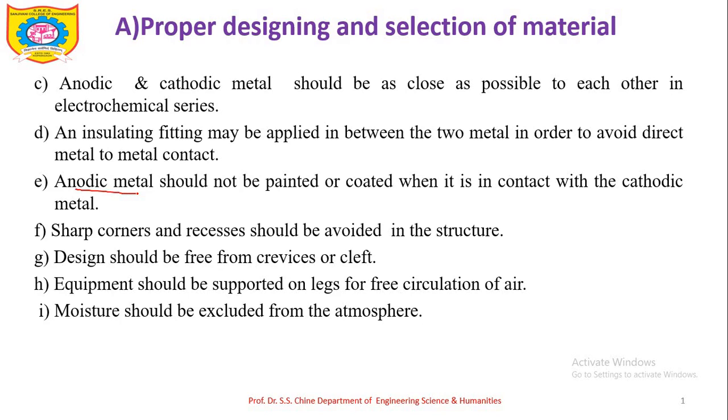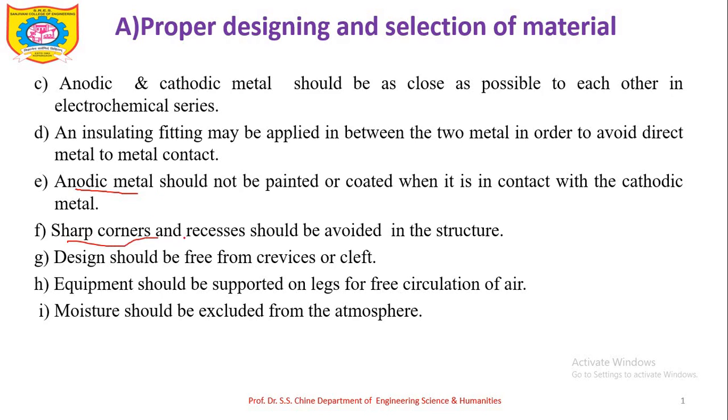Only at a small area it will be removed. That smaller area will act as an anode, because it is uncoated and exposed to the atmosphere. So iron will act as anode, copper will act as a cathode, and that will increase the corrosion. So the anodic metal should not be painted or coated. If that coating or paint gets removed, it will lead to severe corrosion.